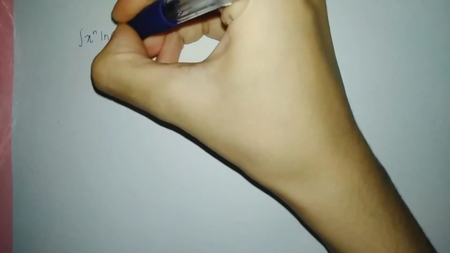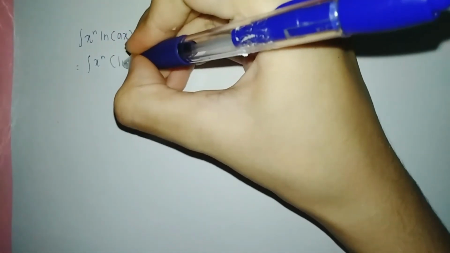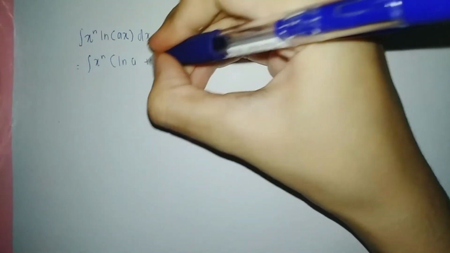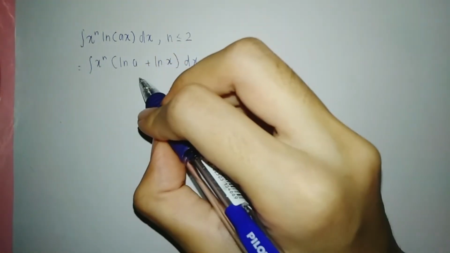The next question is integrate x to the power of n ln ax dx with n less than or equal to 2. Next, expand the ln ax into ln a plus ln x. Then we distribute x to the power of n to ln a and ln x.